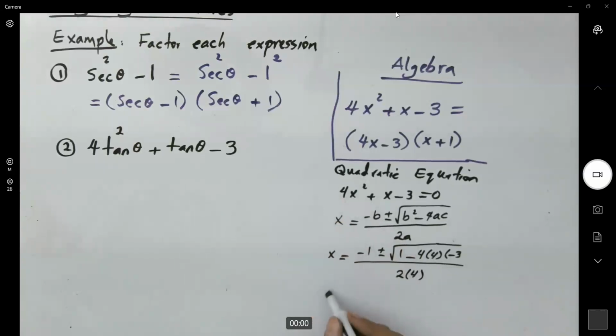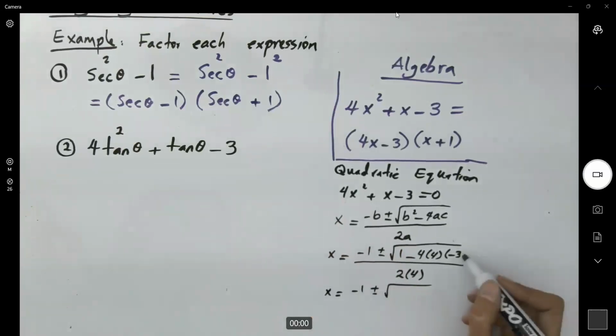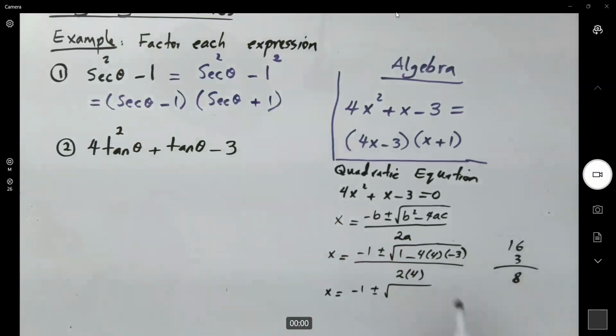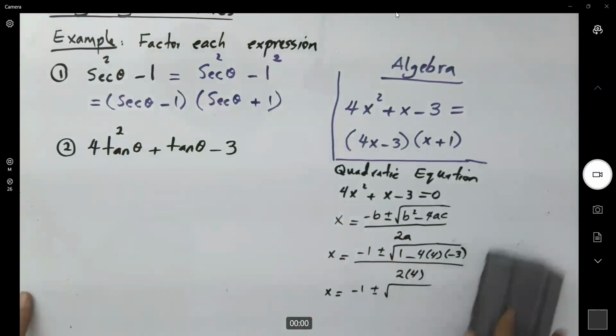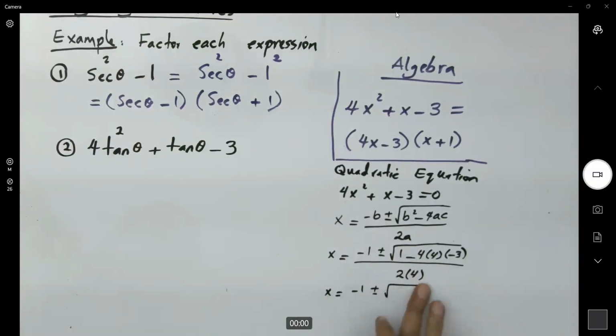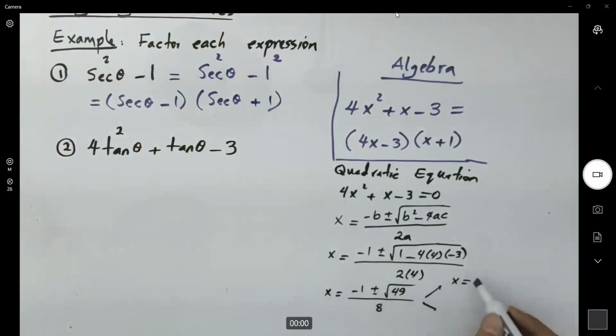Very good. So x becomes -1 plus or minus the square root of, well, let's see. I have 16 times 3, 48. So I have 48 plus 1 becomes 49. Okay, divided by 8. So my x is equal to -1 plus 7 over 8, and x is equal to -1 minus 7 over 8.